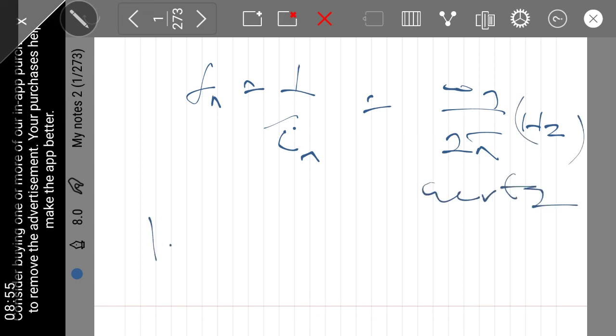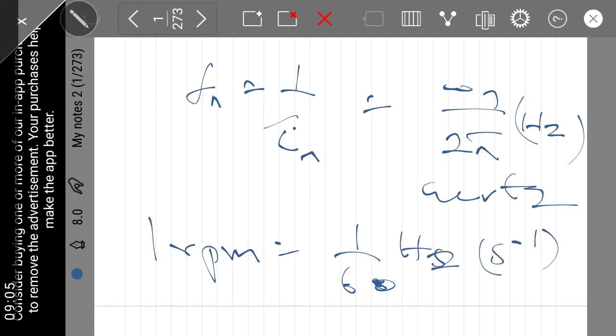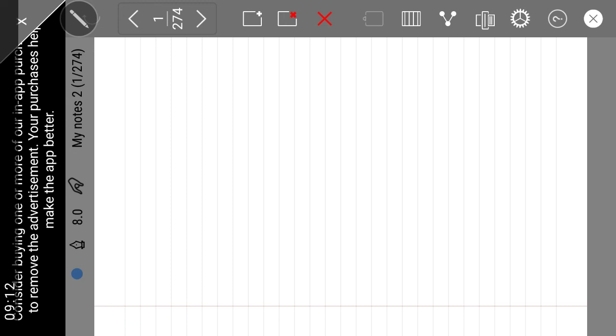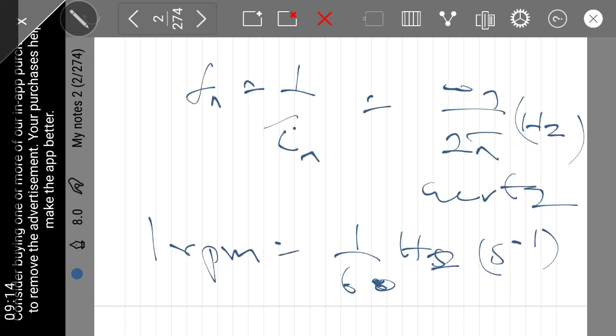And 1 RPM is equal to 1 over 60 hertz, or seconds to the minus 1. One RPM because revolution per minute, and there are 60 seconds in a minute, therefore 1 over 60.